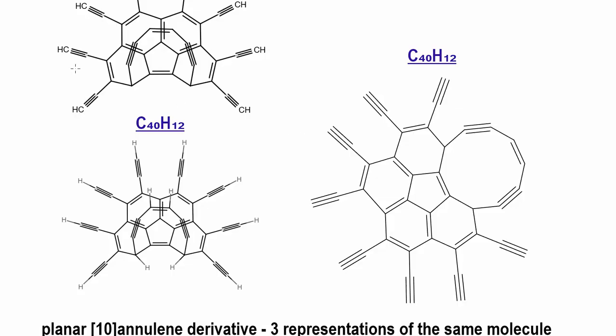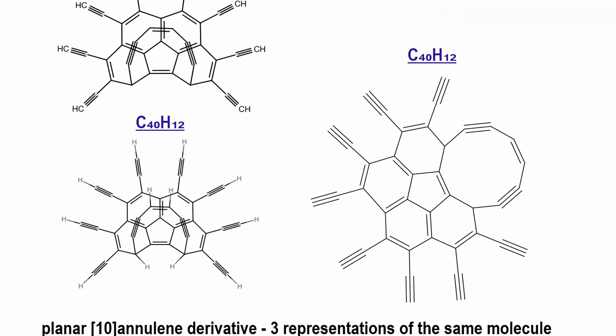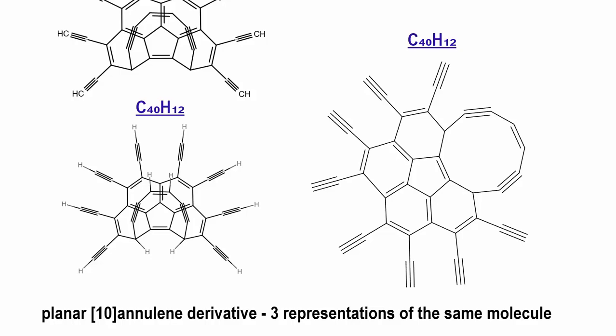It is a lot of carbons, but it is also a real molecule. This is effectively a planar 10-annuline derivative. It's not something you would commonly find in a lab, but through experimentation this can actually be obtained.